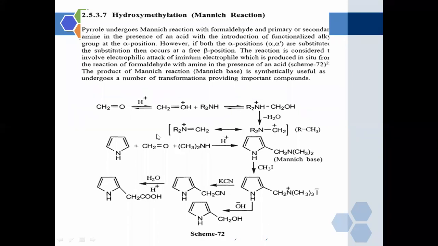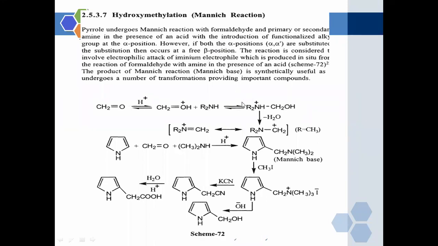So hydroxymethylation of the pyrrole molecule happens in the presence of formaldehyde and primary and secondary amine. Basically, the hydroxymethylation happens at the carbon number 2 position, and only if this alpha position is blocked, then the substitution will happen at the beta position.